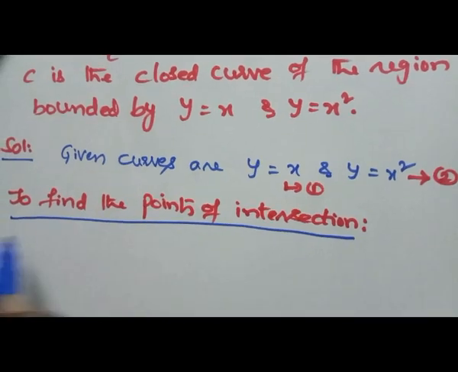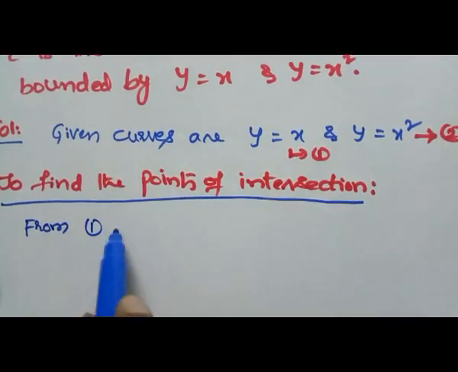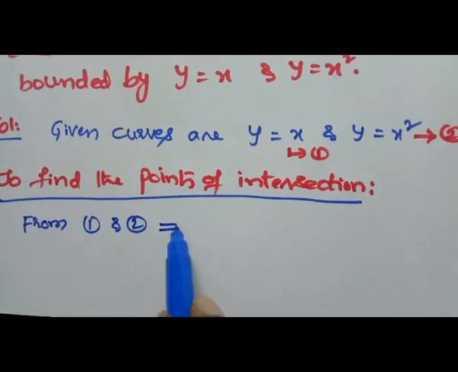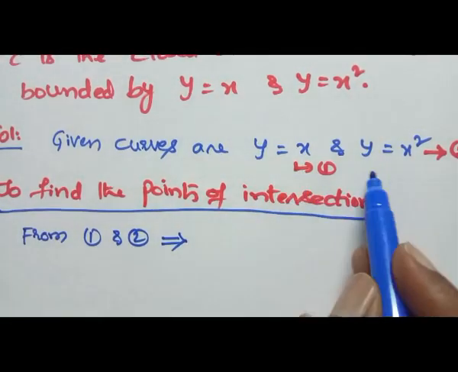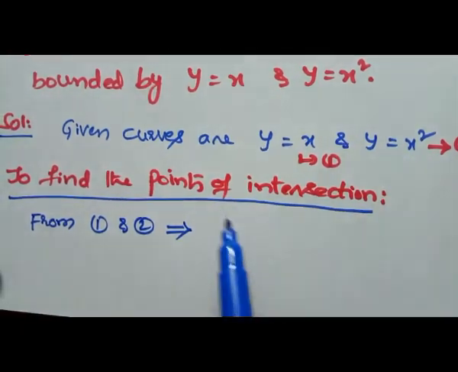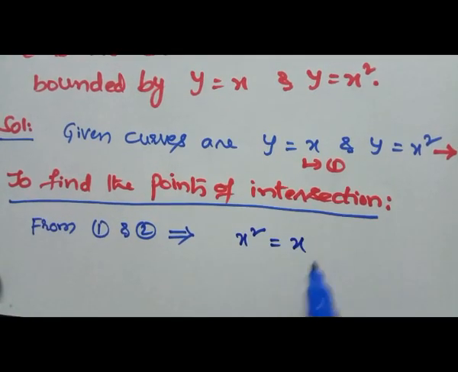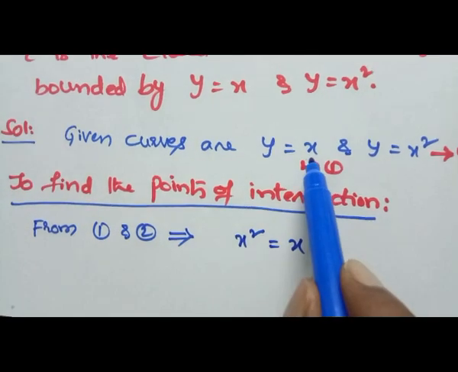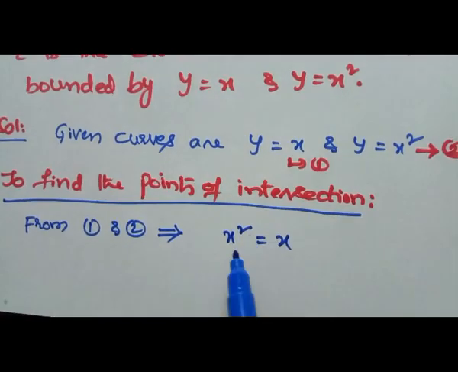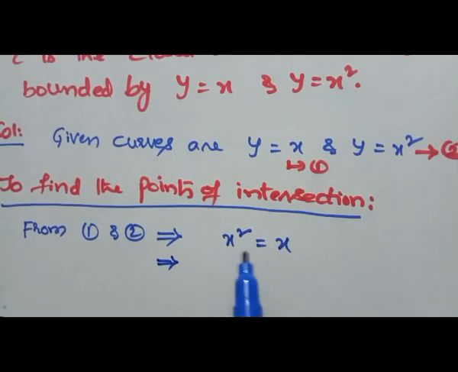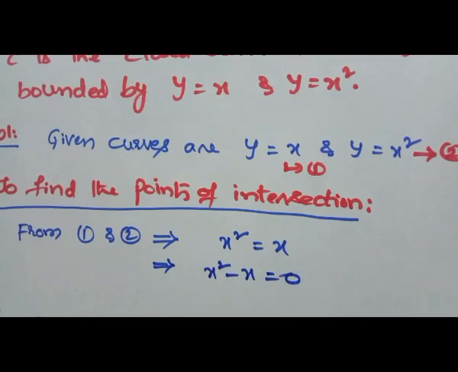Now from 1 and 2, we have y equal to x square, y equal to x. So substituting, x square is equal to x. Therefore this can be written as x square minus x is equal to 0.